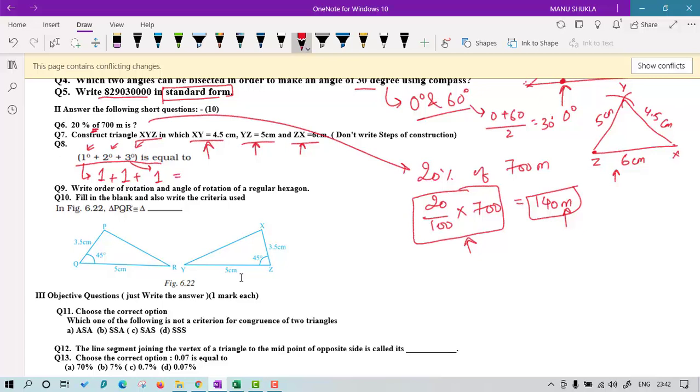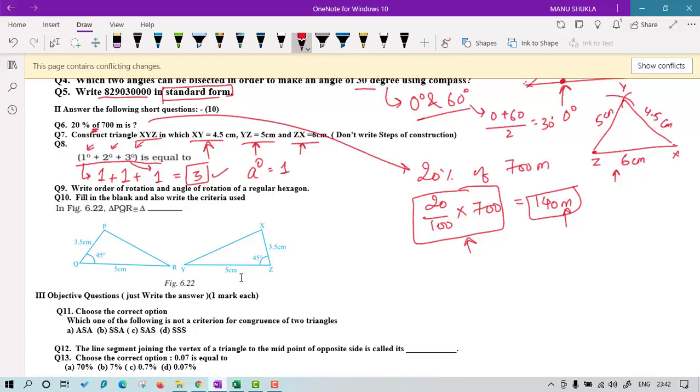So the answer is 1 plus 1 plus 1, that is 3. So many of you have just added these numbers and gave the answer as 3 plus 2 plus 1 is 6, which is wrong. You just have to solve the exponential thing, because we know anything, even a power 0 is 1.